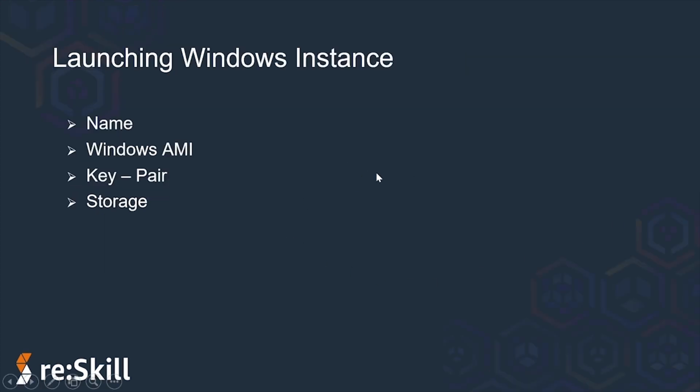Now we will see how we can launch a Windows instance in EC2. To launch a Windows instance in EC2, you need to follow some simple steps. First of all, we have to choose an AMI, which is Amazon Machine Image, that contains all the necessary software and settings to run your instance.